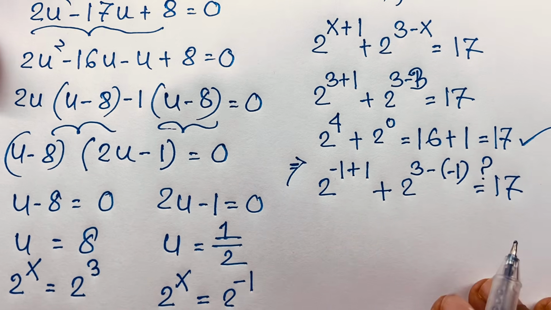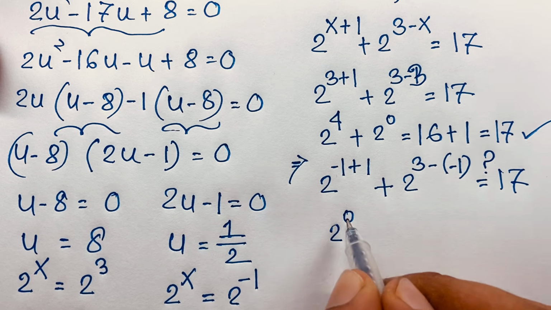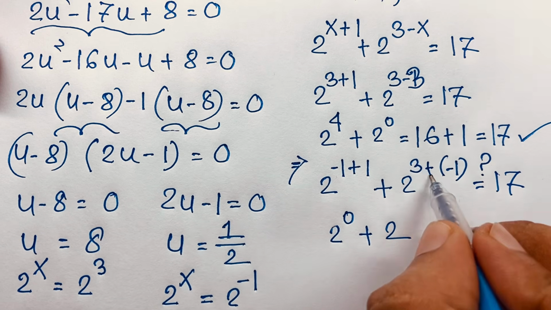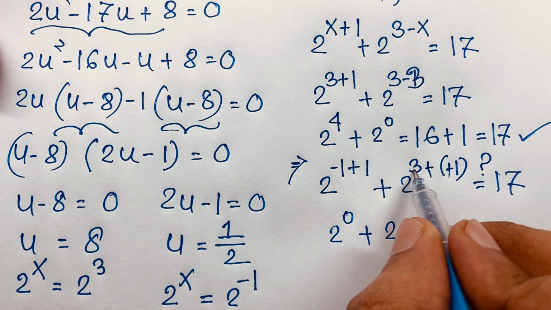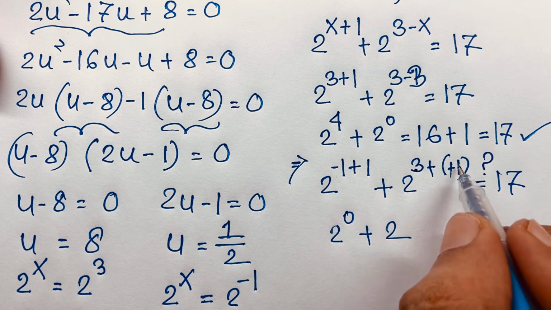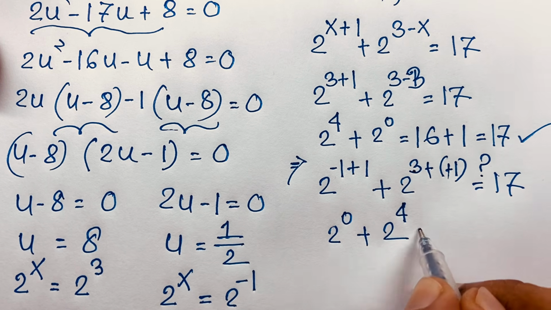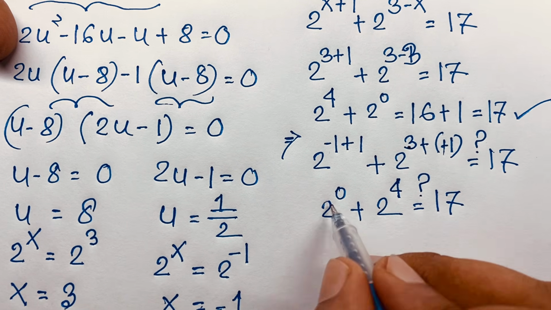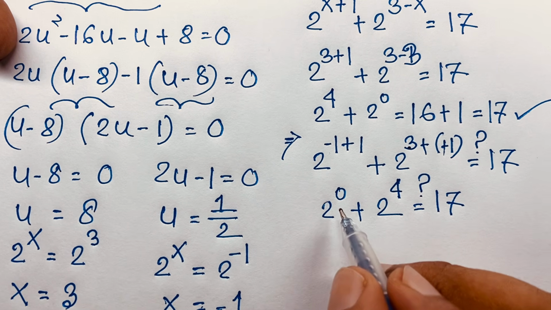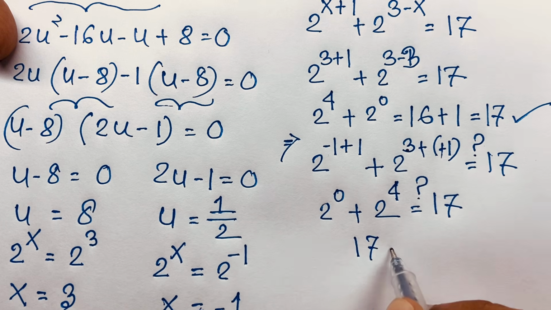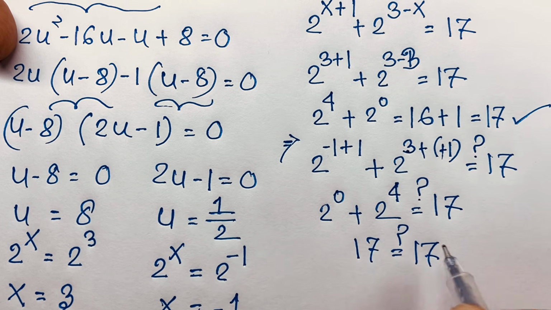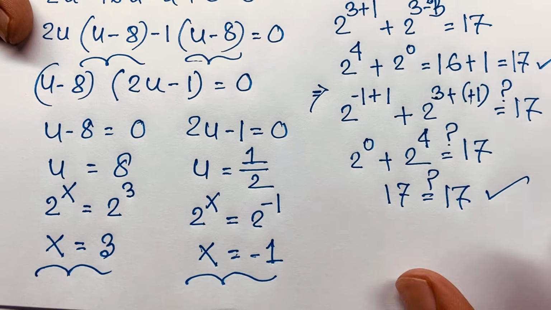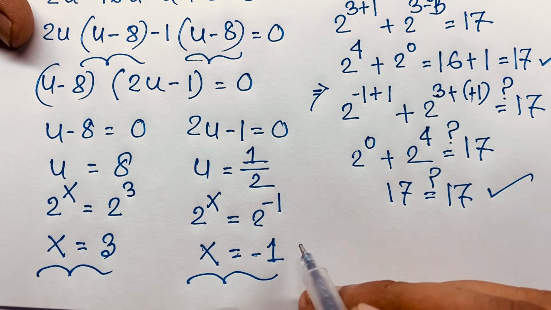So our left hand side is 2 to the power 0 plus 2 to the power 4, which is 1 plus 16, this is 17, equal to 17. So left hand side and right hand side are equal. So our answer is x is equal to 3, x is equal to minus 1.